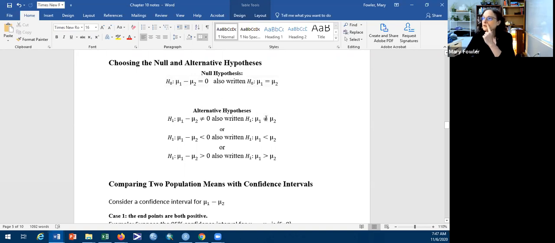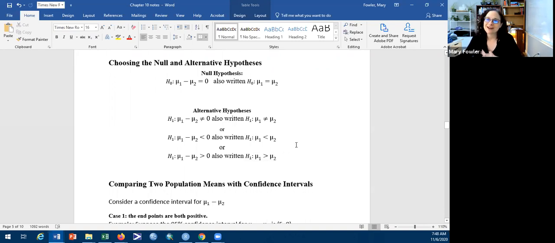Alternative hypotheses are either going to have a not equal sign, a less than sign, or a greater than sign, depending on if you're just interested in flagging a difference or if you are interested in determining if mu1 is less than mu2 or mu1 is greater than mu2.